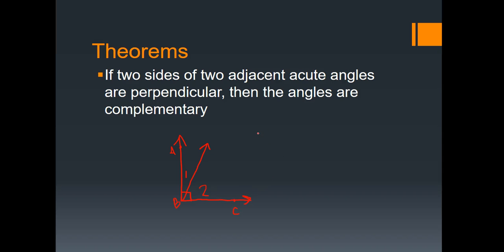So if the ray BA is perpendicular to the ray BC, okay, then that means that that whole angle is a right angle, which means that angle 1 and angle 2 are complementary.